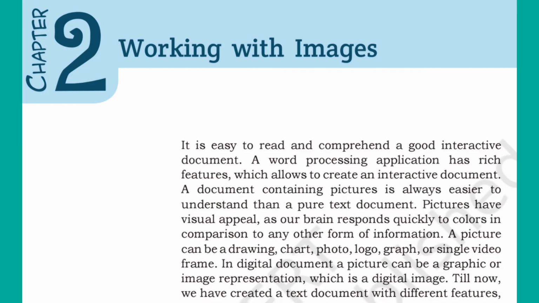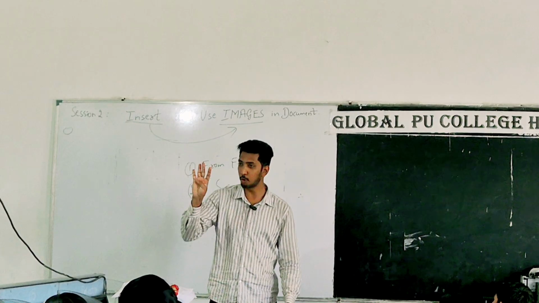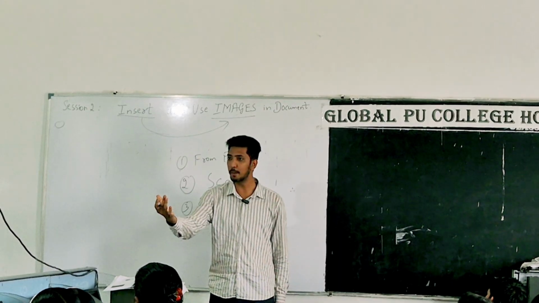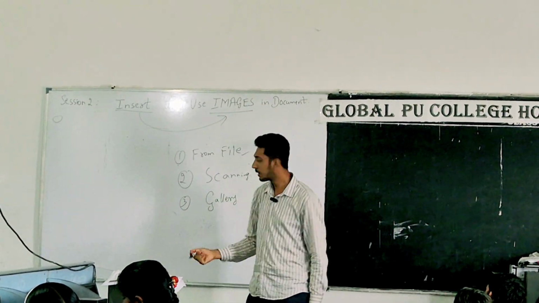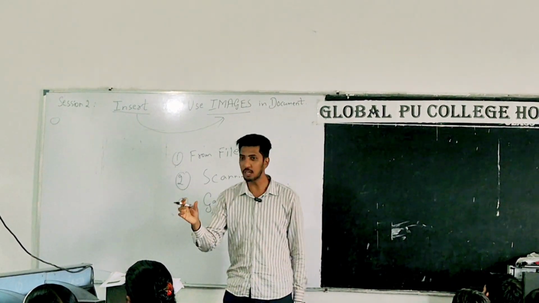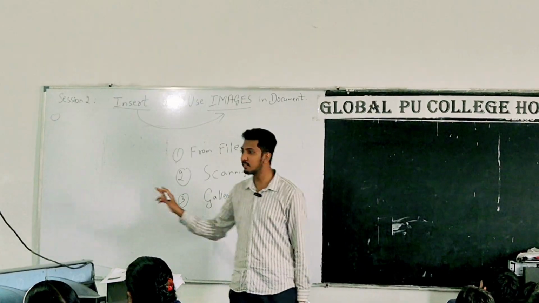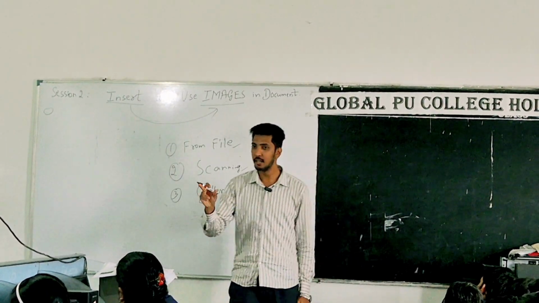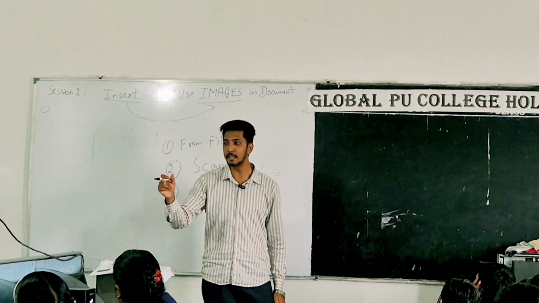Any doubts still? How many methods are there? 4 methods. First is from file, from your computer's memory. Then scanner: if your computer is connected to a scanner, we can scan from that. Third is through gallery, the LibreOffice inbuilt gallery.